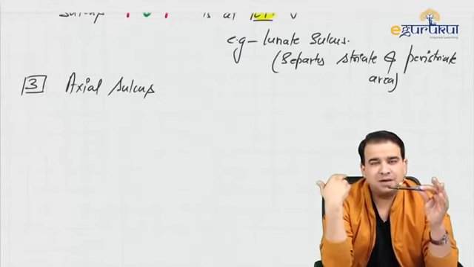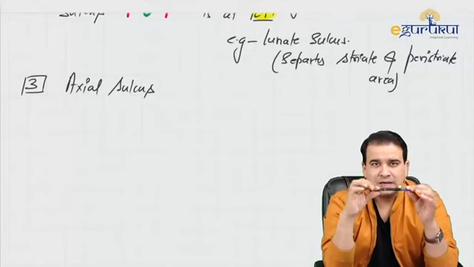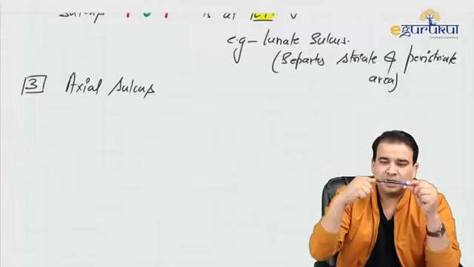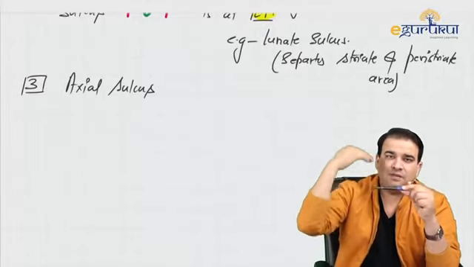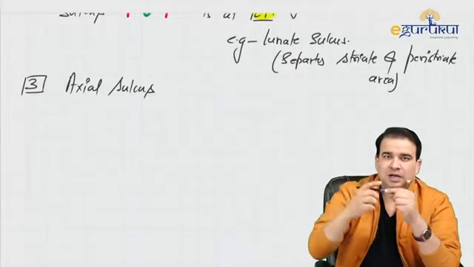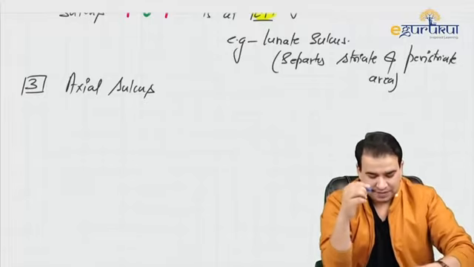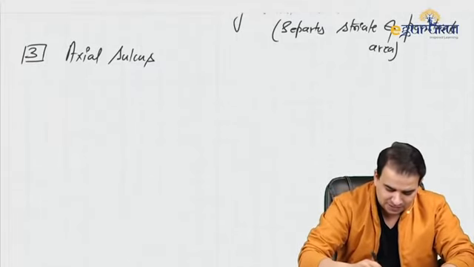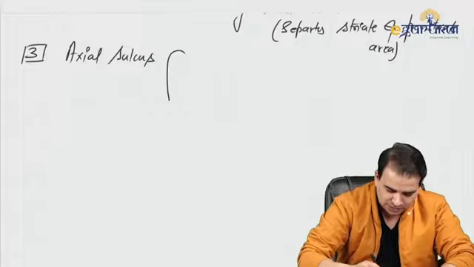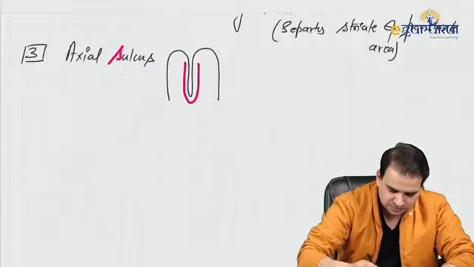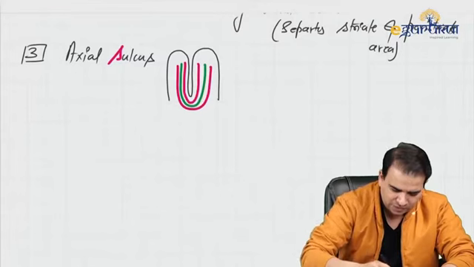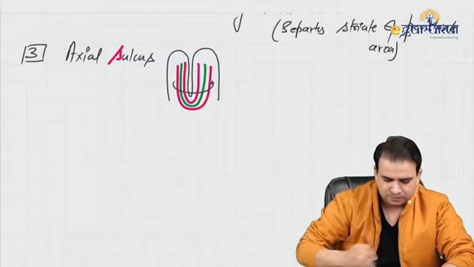The best example is the visual cortex. In the visual cortex, we have a calcarine sulcus, and around the calcarine sulcus we have area number 17, then area number 18, and then area number 19, which is further around it. That type of sulcus is called what? Axial sulcus. The word axis is important here. So this is a gyrus here, that is the sulcus, again a gyrus. Look at this, this is what I'm talking about. You can see all these different types of areas developing around the sulcus.